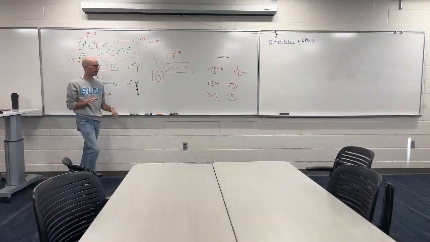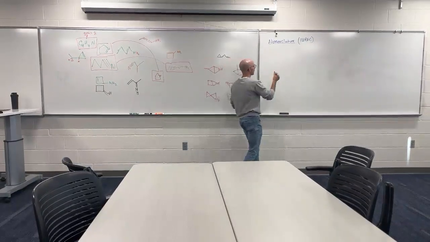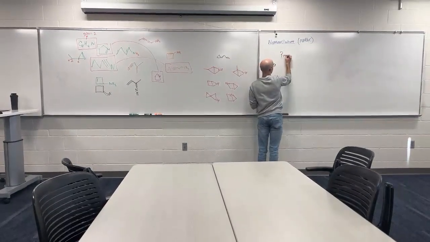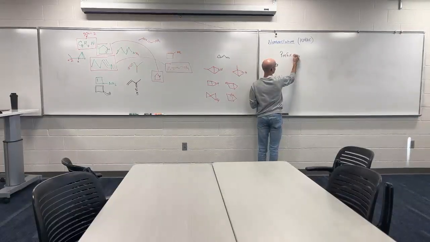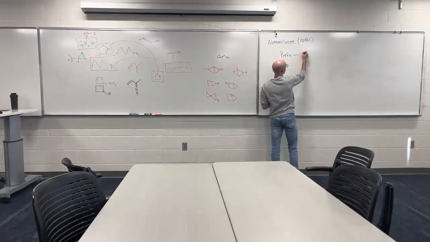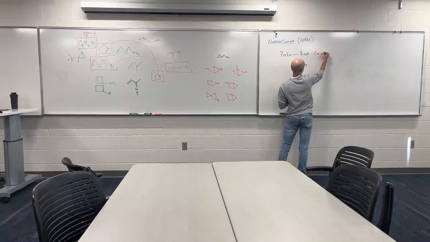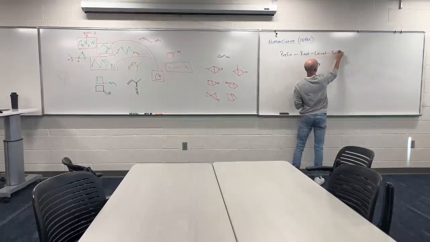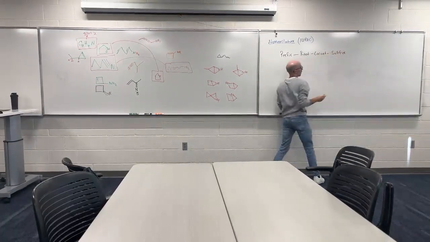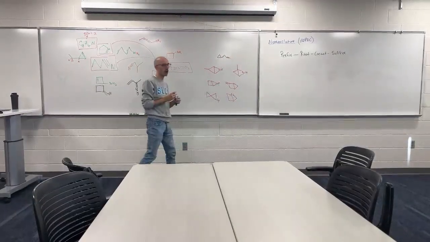Most IUPAC names can be broken down into this format. There's some prefix followed by a root, a locant, and a suffix. We're going to dive into these 4 parts.